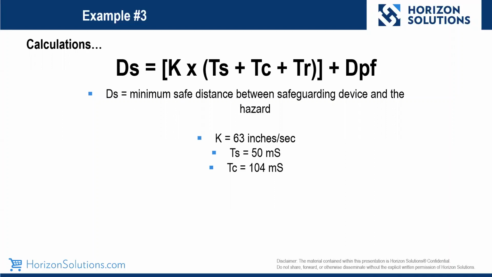This reduction in time is due to the high speed of the I/O as well as the speed of the output. Our lower speed input of 60 milliseconds, but yet again a depth penetration factor of 0 because your e-stop device is not a presence sensing device. Therefore, there is no depth of penetration factor.